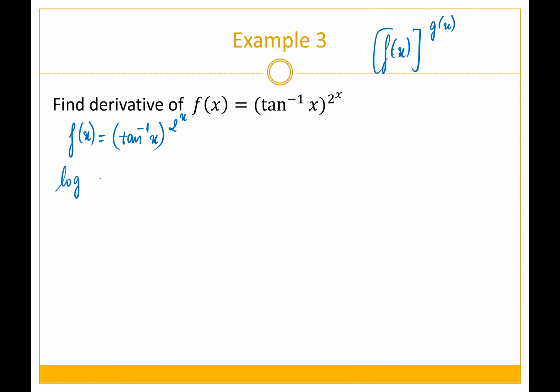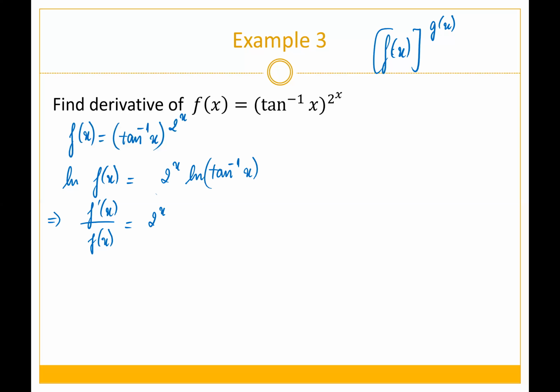So we take the natural log, not log, since that log is used in scientific things. So we have ln f(x) equals 2 to the x ln of inverse tangent x. Therefore, if we take the derivative of both sides, we have f prime of x over f(x) equal to 2 to the x. This is the product rule, so this should be ln of inverse tangent of x plus 2 to the x times the derivative of ln of inverse tangent.